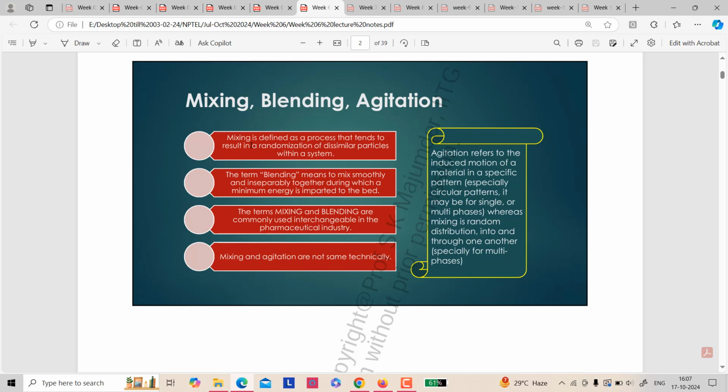In case of blending, the external energy is required. And agitation refers to the induced motion of a material in a specific pattern. In case of agitation, you have seen that some kind of rotor or motor is there inside the solution to induce the motion.